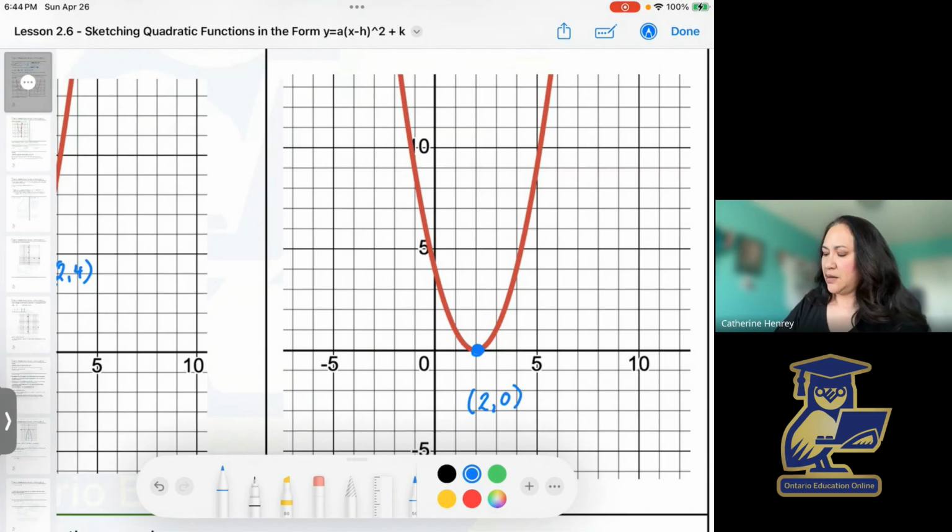And then here, my point (2, 4) has become (4, 4). And then the other point went from (-2, 4) to (0, 4).